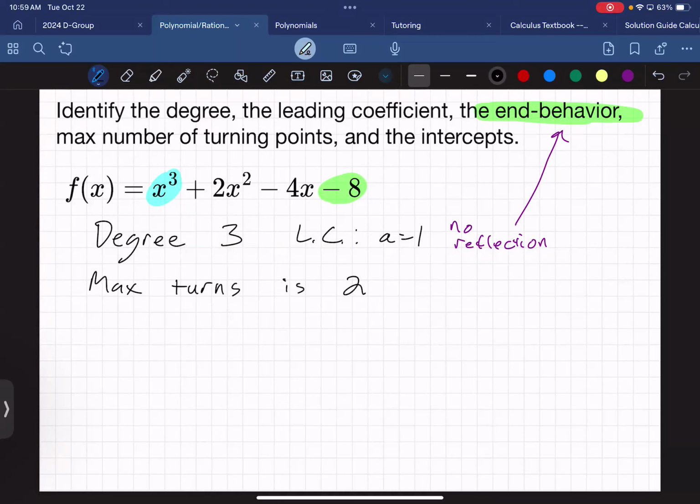We got that by taking the degree and subtracting 1. You want to know the max number of turns? What's the degree? Subtract 1. Hopefully you're catching on. The degree of a polynomial helps me out a lot. We started with, from an equation standpoint, that when I see a degree 3 polynomial, I should expect 3 solutions anytime I have an equation.